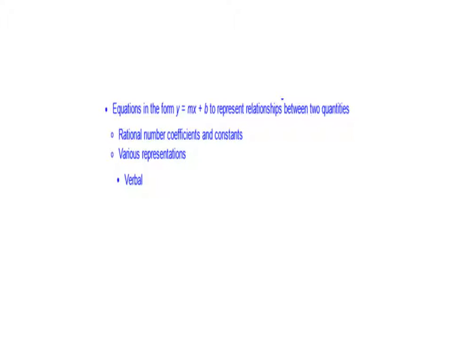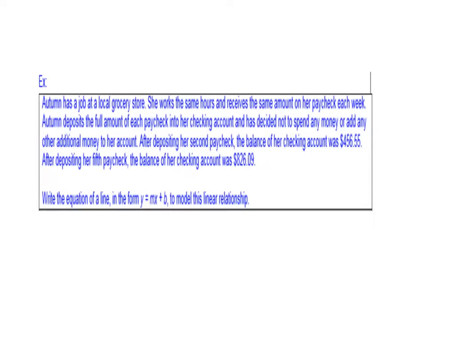We can use a table of values, x, y, whether that's horizontal or vertical. We can use a graph to represent it, as well as a symbolic algebraic equation. So let's go to an example right quick. I'm going to try and do this in one video, but it's a great possibility that it may take two.